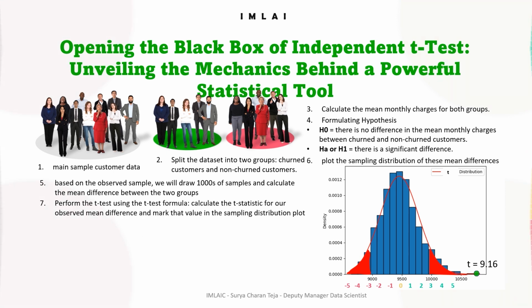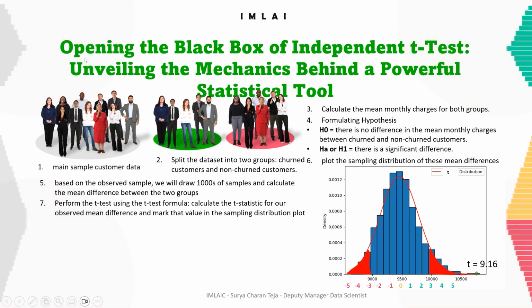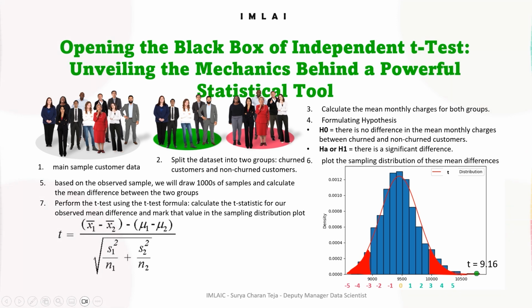Now I have to perform the t-test and calculate the t-statistic for the observed group, the main group, using this formula: mean of the churned sample minus mean of the non-churned, minus the null hypothesis difference, which is 0, divided by the square root of the standard deviation of this group squared divided by its sample size plus the standard deviation of the other group squared divided by its sample size.